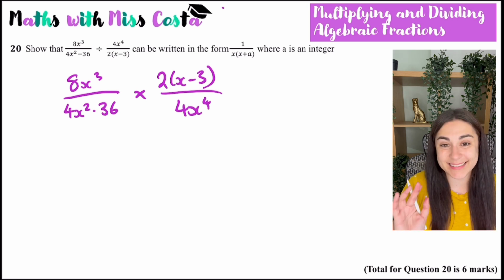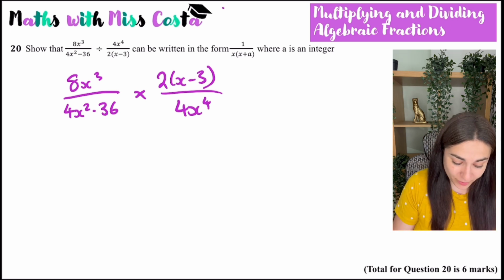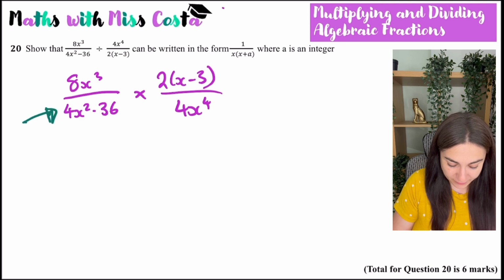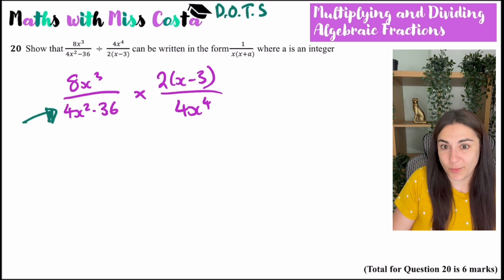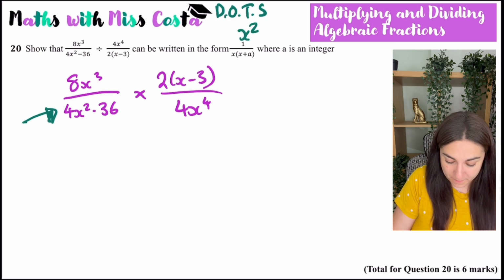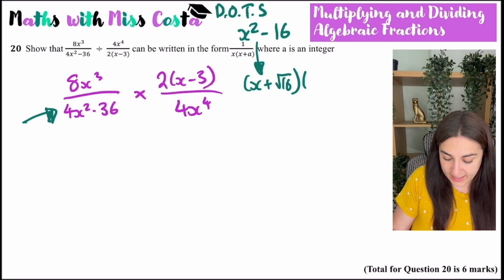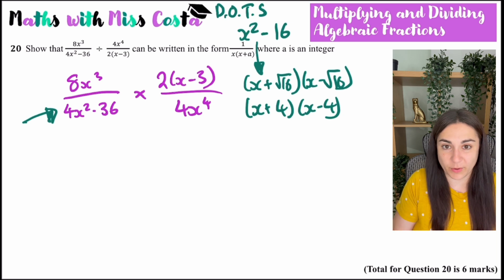Now, hopefully you're getting good at spotting the difference of two squares. The difference of two squares is literally where you have a square number, x squared, minus another square number. And the way the difference of two squares factorizes, it's always going to be x plus the square root of 16, x minus the square root of 16. So essentially x plus 4, x minus 4, the square root of whatever your number is.